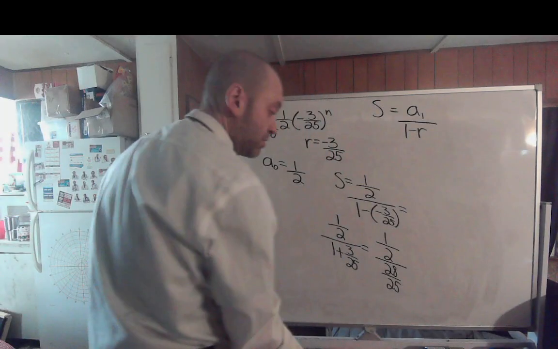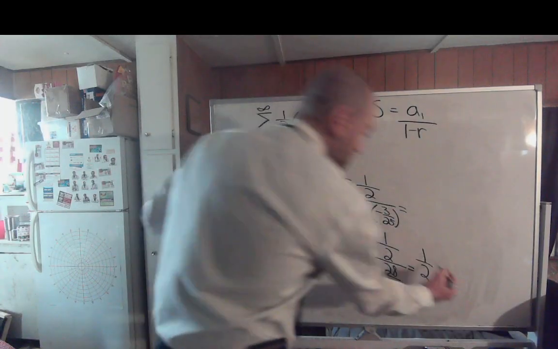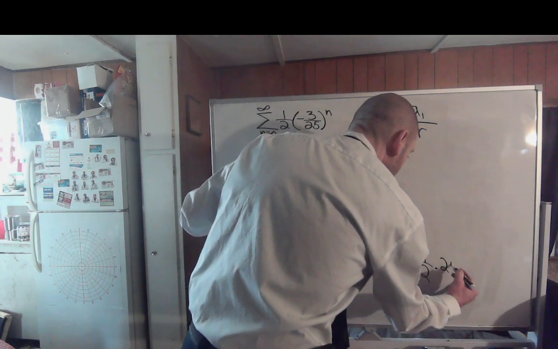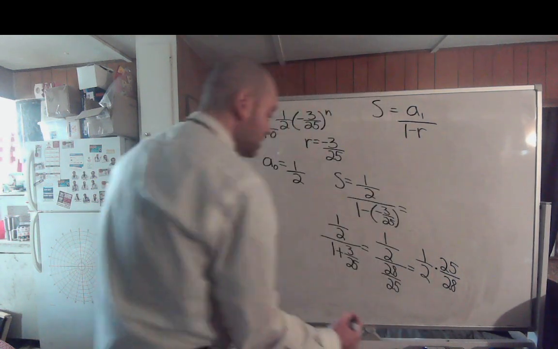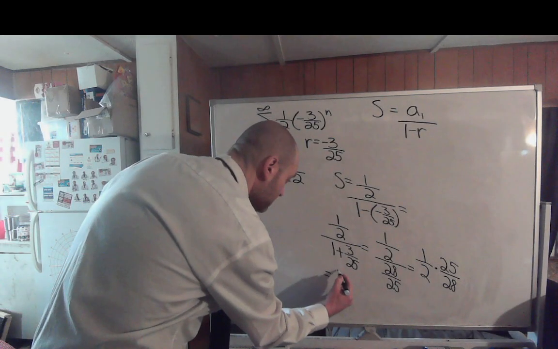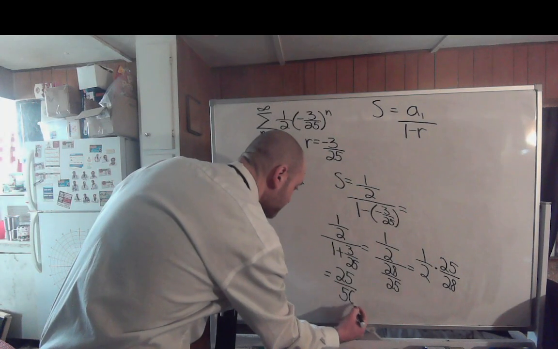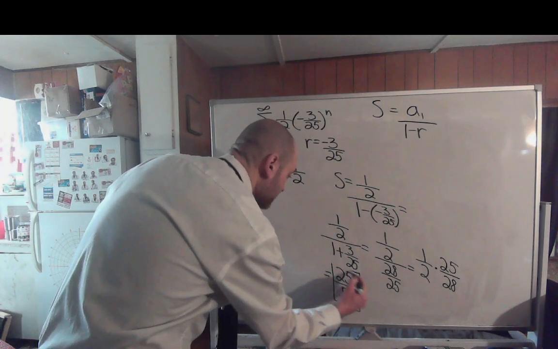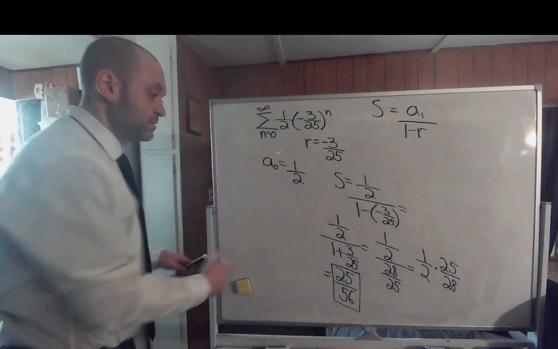Now we can invert and multiply. You'll get 1/2 times 25/28, which means your sum would become 25/56. So the sum of this series is 25 over 56.